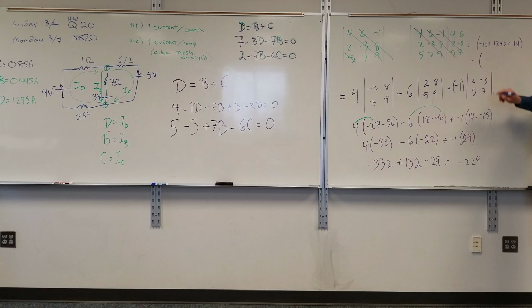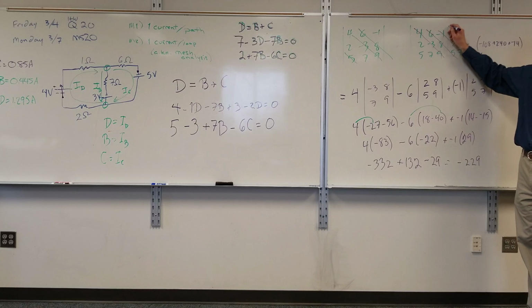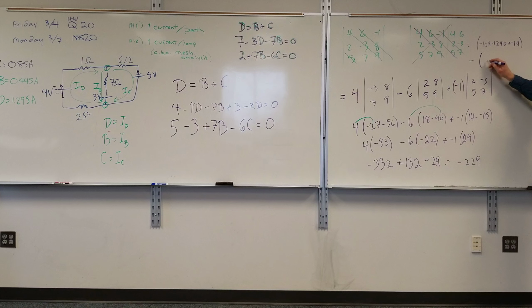Minus, I go to the other diagonals. That is 15, 8 times 4 times 7, 224.